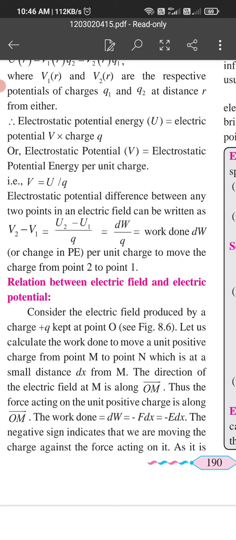Thus the force acting on the unit positive charge in the OM vector, the work done dW is equal to minus F dx is equal to minus E dx.